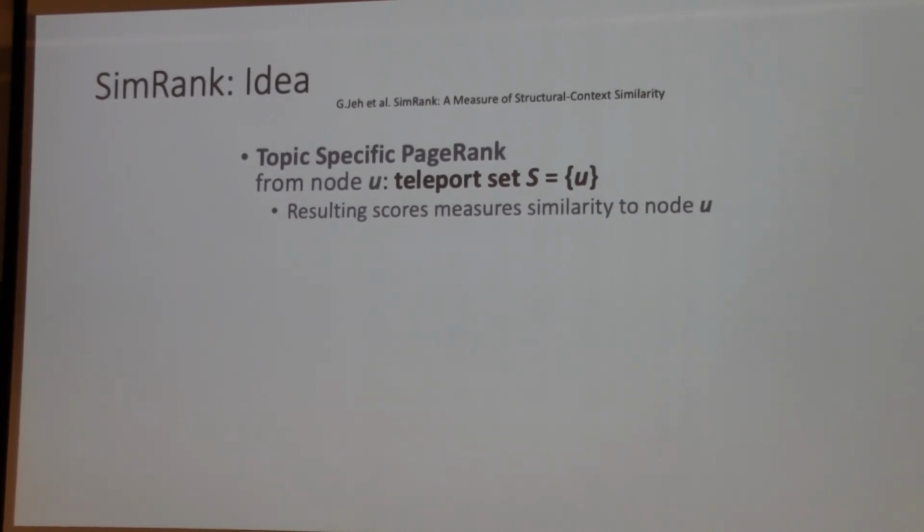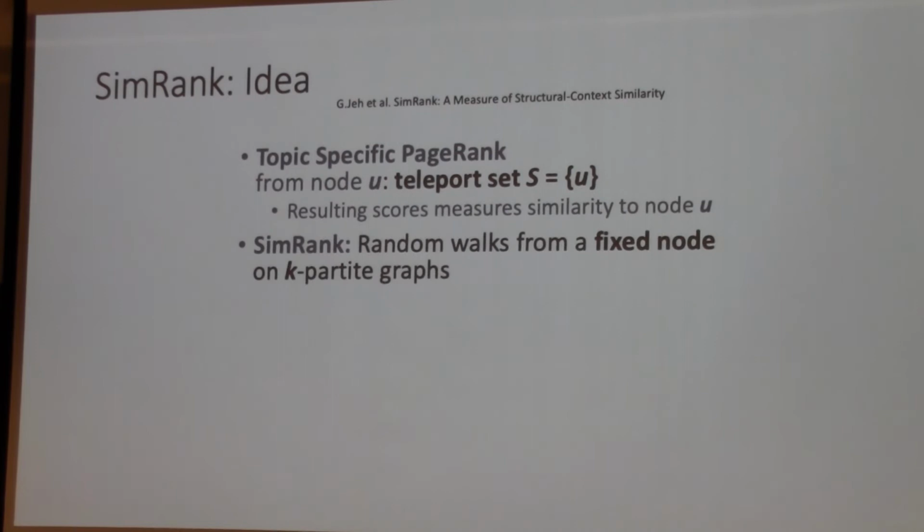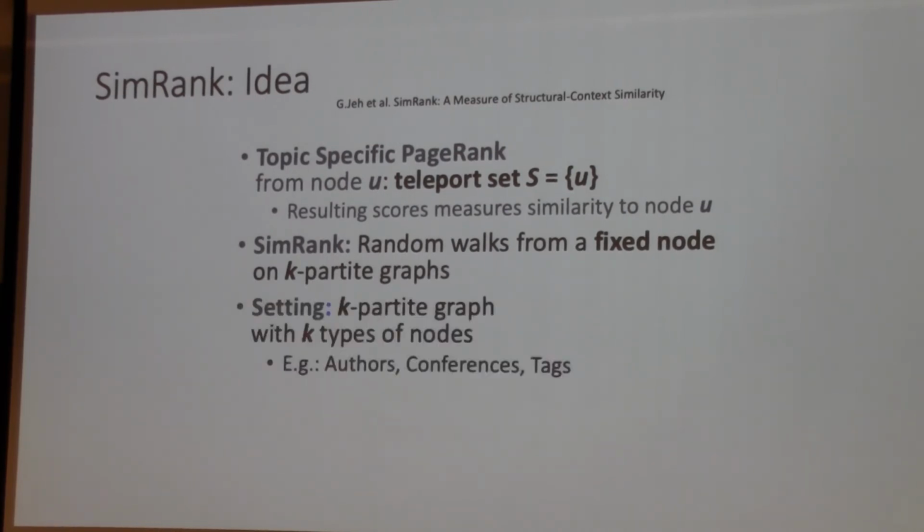It's not sports pages, but it's my original node. So instead of finding nodes that are related to sports, I find nodes that are related to my initial node. So that's the SimRank idea. You walk from a fixed node on k-partite graphs. And so this is a specific algorithm.